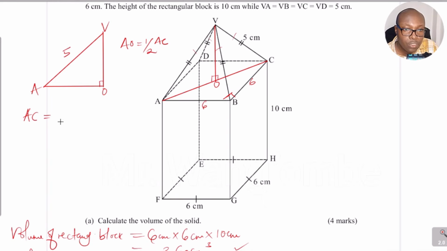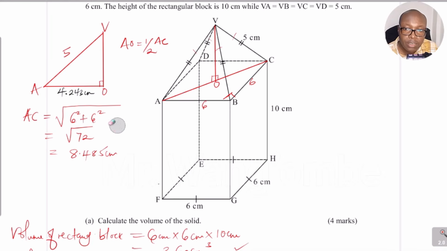So AC, using Pythagoras theorem, AC is the hypotenuse. So we shall have 6 squared plus 6 squared. This will give the root of 36 plus 36, that is the root of 72, and that gives 8.485 centimeters.